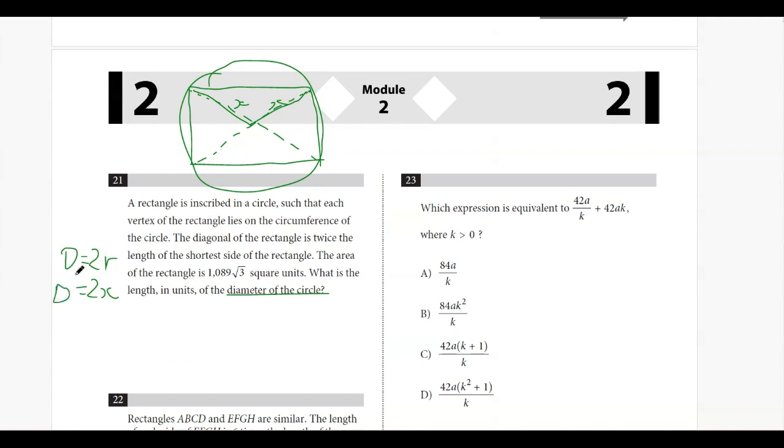And we need to figure out what the length and the width are. Because the area of the rectangle is 1089 square root 3, I can write that as LW.